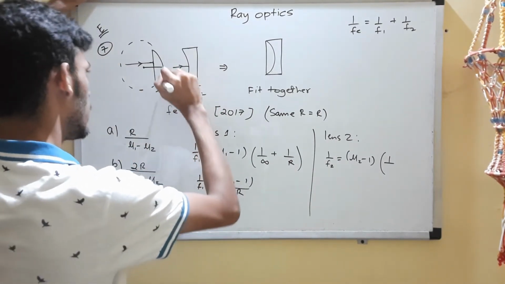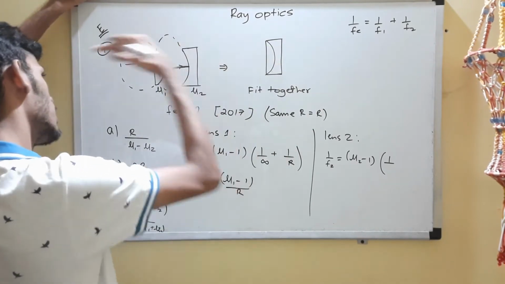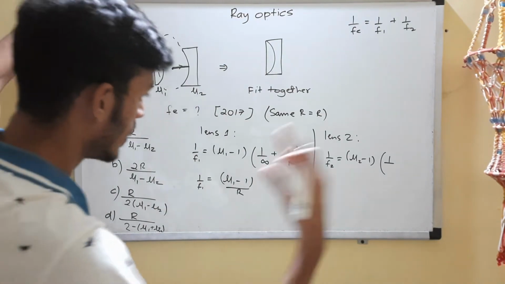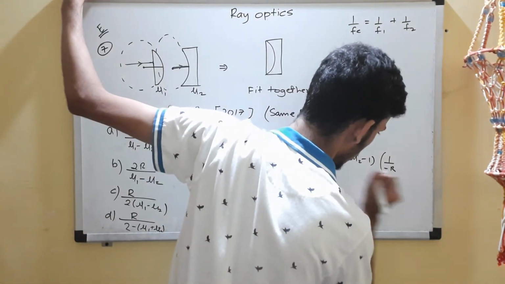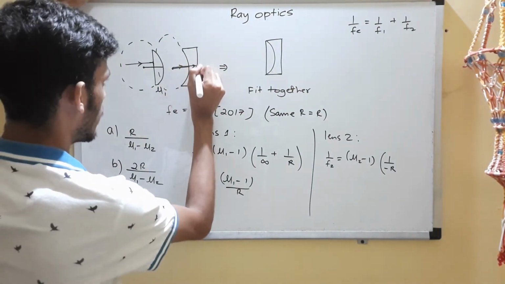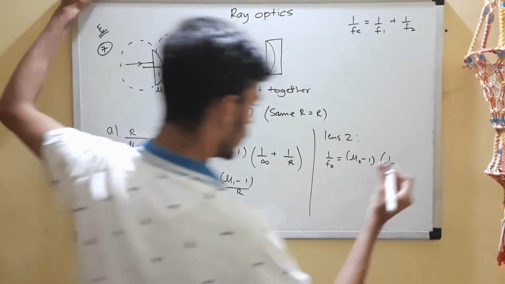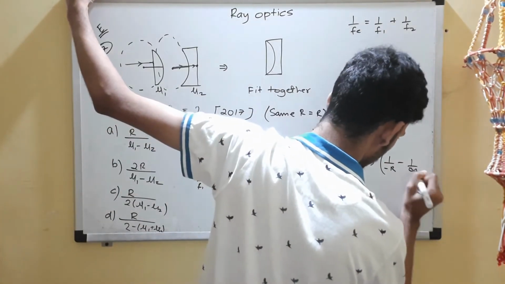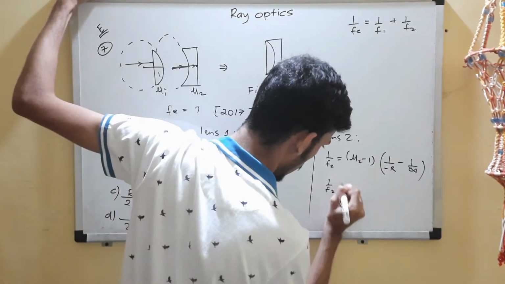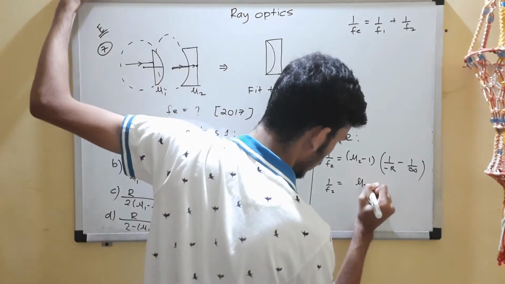So again this sphere, and again we have to measure the radius opposite to the direction of your incident ray. So it is minus, so 1 upon minus R. And R2, this is the second surface that your incident ray will strike, and it is a plane surface, so it is infinity. So we'll get 1 upon F2 as mu2 minus 1 upon minus R.